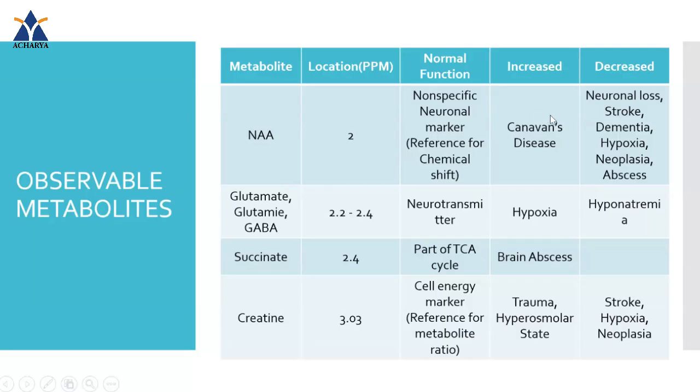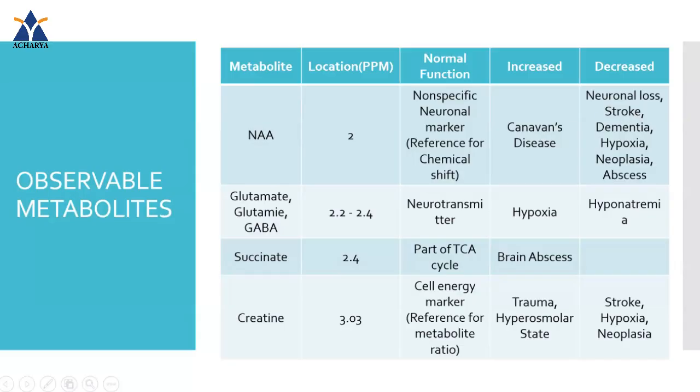So you have to know the normal range of NAA concentration. Then you can identify Canavan's disease, whether it is over elevated or not. If the NAA peak got depressed or decreased, the concentration of NAA represents neuronal loss or any disease related to your neurons, such as stroke or dementia. These can be the diagnosis.